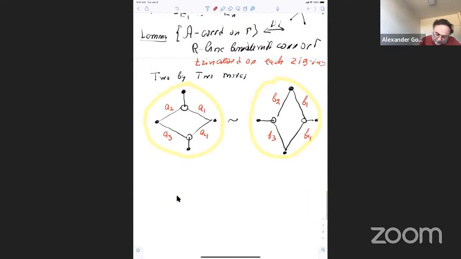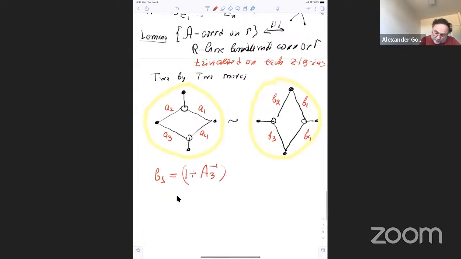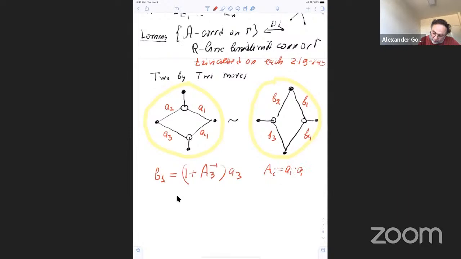The formulas are the following: B1 equals 1 plus A3 inverse A3, where big A_i is just A_i times A_{i+1} times and so on times A_{i+3}, because in this case you have four of them. We just start from i and go cyclically.